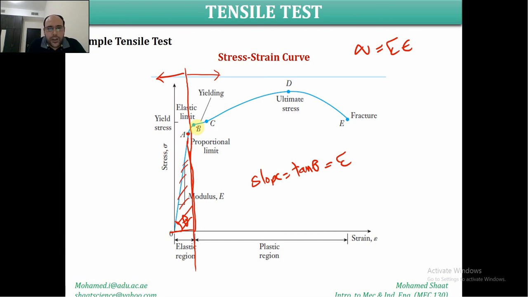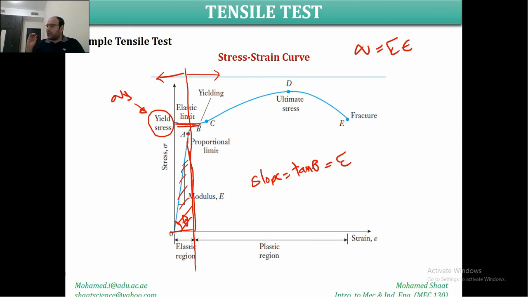The same thing applies to the stress that is next to the yield point, which is known as the yield stress of the material, and this is a good measure of how strong the material is. So again, the stress next to the yield region or the yield point of the material is known as the yield stress of the material. We give it a symbol like sigma Y. Y stands for yield stress, and it is a material property.